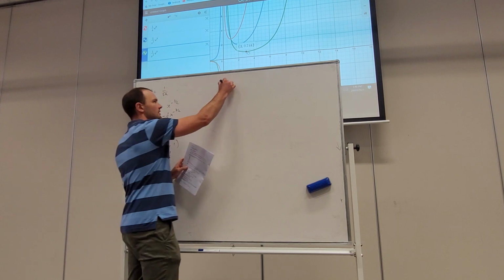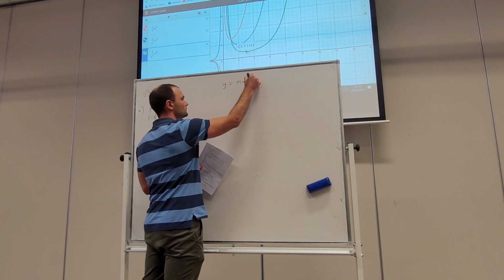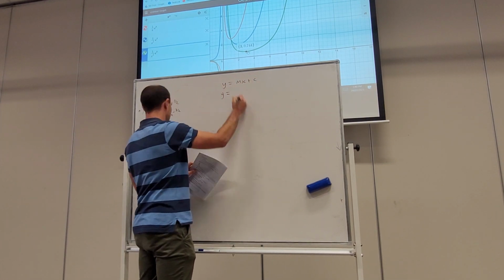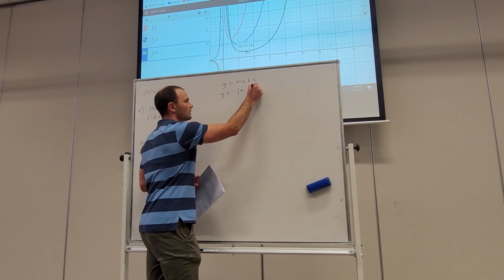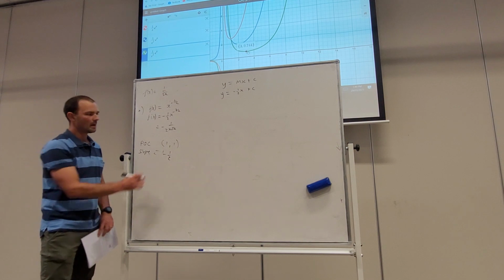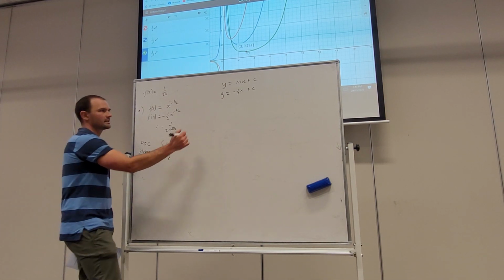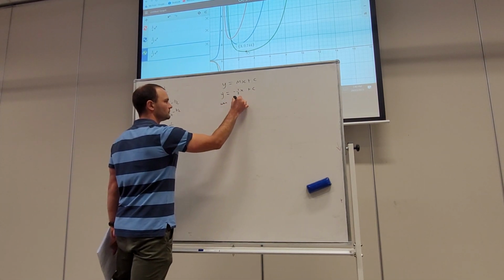Remember, a tangent is the equation of a line. It has the slope minus half. And it passes through this point. When x is 1, y is 1.